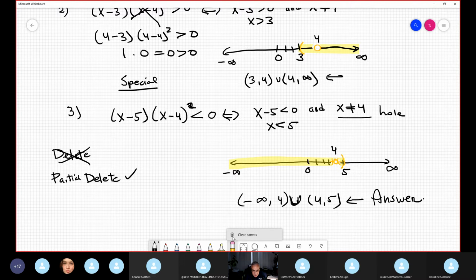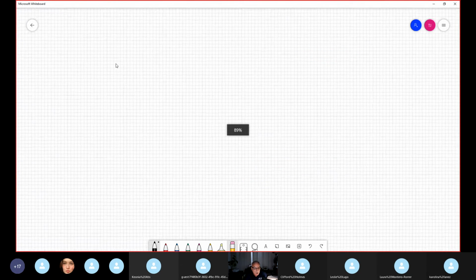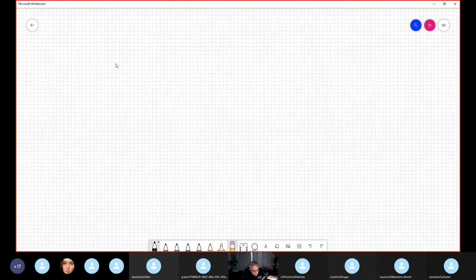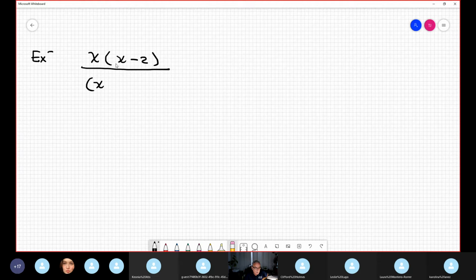Super. Let's move on now. We are continuing doing the same, but now a little bit more complicated. Rational. Rational is the division of polynomials.